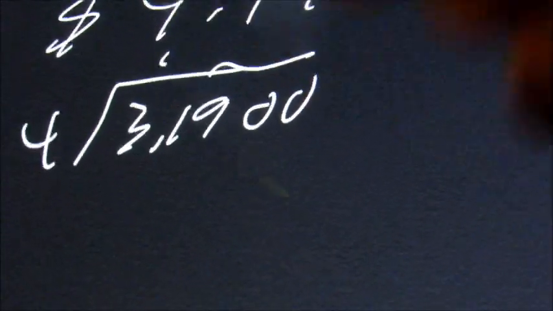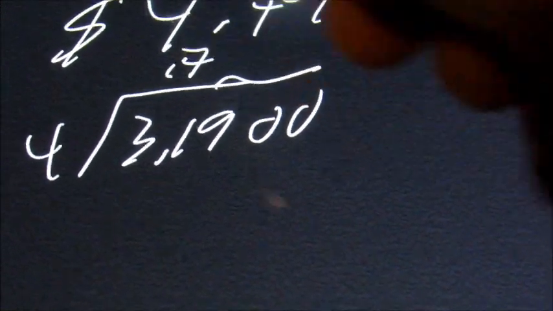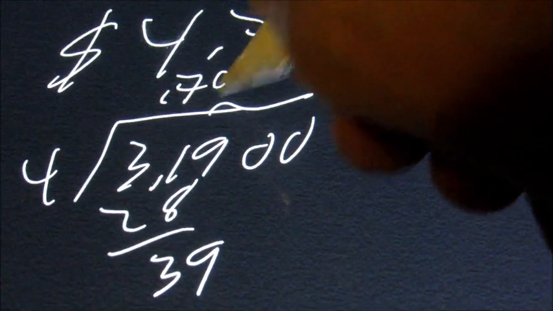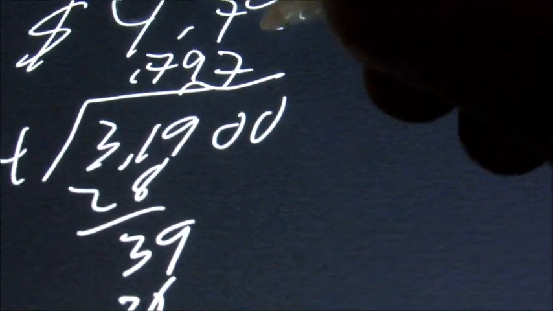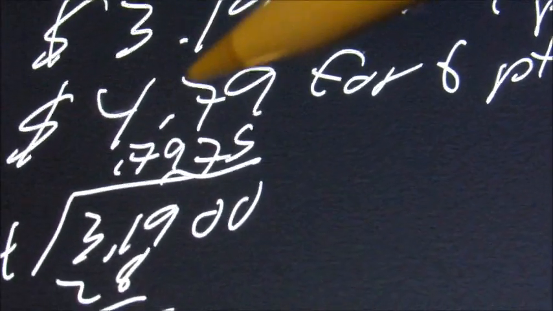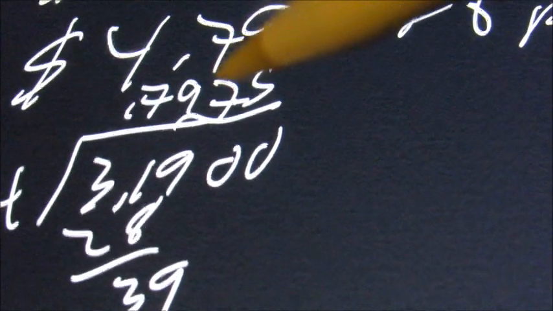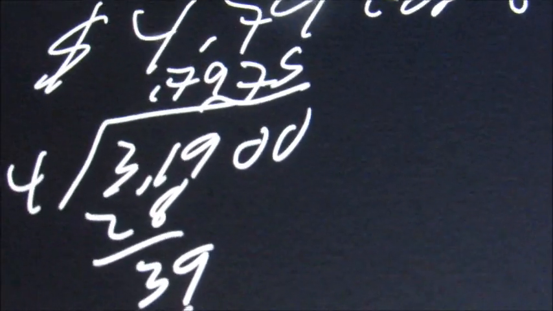So 4 into 319, and I know I'm going to need to put 2 zeros. So 4 into 31 is 7, 28, 3, 9. So 9, 36, 3, 0, 7, 28, 2, 0, 5, 20, 0. So for the $3.19 for 4 pints, it's 0.7975 is what it costs.